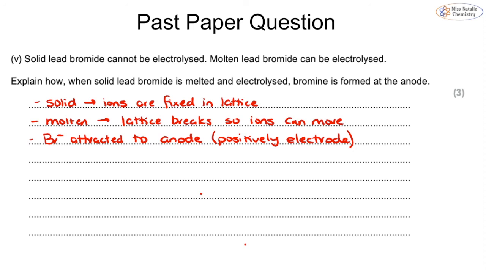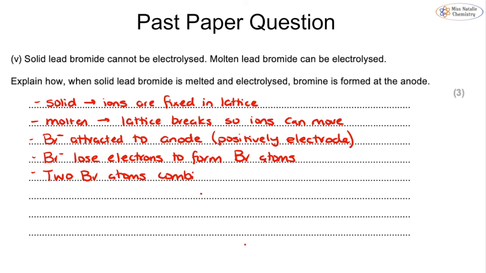When they get to the anode, the Br- lose electrons to form bromine atoms, and then we have 2 bromine atoms combining to form Br2, or bromine gas being formed.